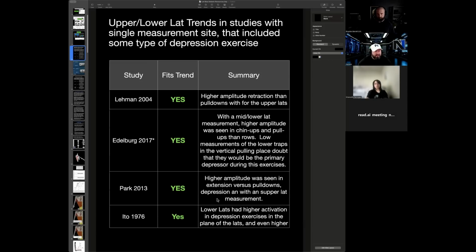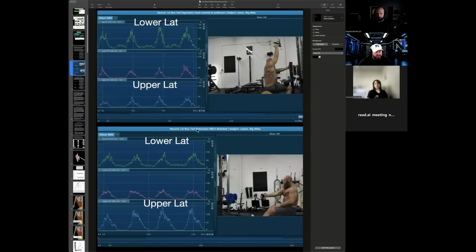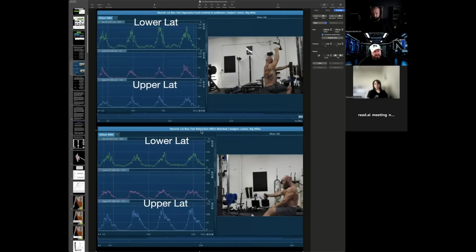The Park study: high amplitude in extension versus pull downs in the upper back, depressions same thing. In the Ito study, lower lats had higher activation in depression exercises. And I know you're not going to like this, because this is my lab or whatever, but we just did some depressions versus some retractions with a similar relative effort.